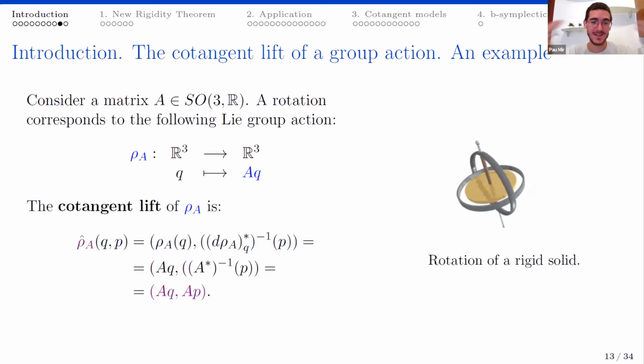And if you now compute the moment map of this cotangent lift, you recover the classical Q times P, which is the angular momentum of this action.